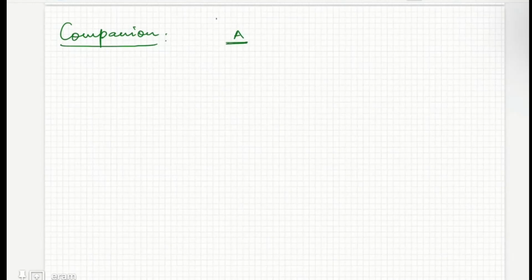Then we discuss the companion form. How can we transform the system to its companion form? For example, we have the state matrix A for the system x dot equals Ax plus Bu.